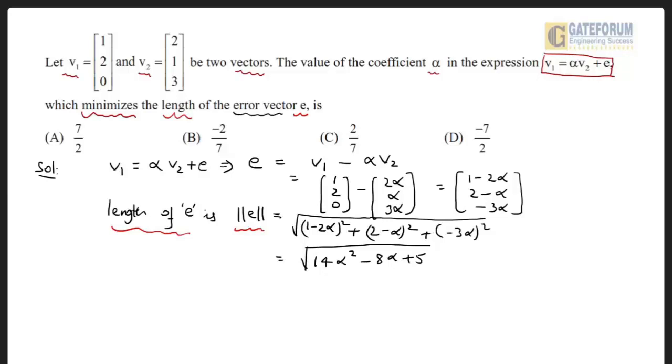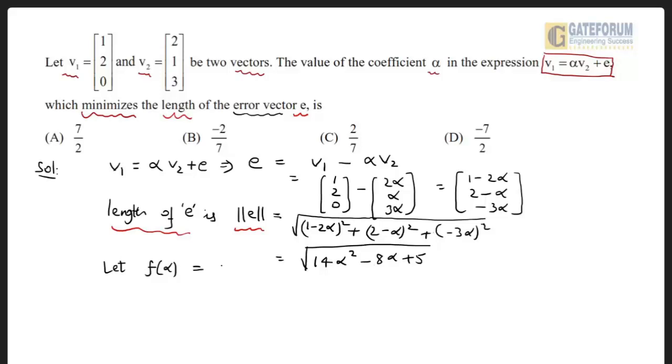Now to minimize the length of the vector, generally in maxima minima, whenever there is a square root problem, try to convert it into the square of that expression. When the square of that function is minimum, then that function is also minimum generally. So now I am taking a function of one variable, alpha.